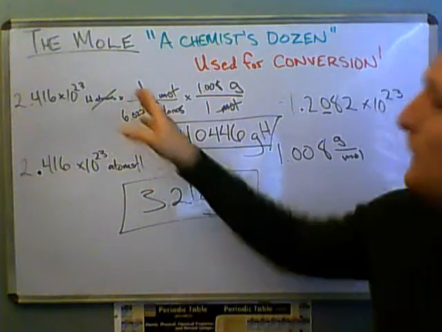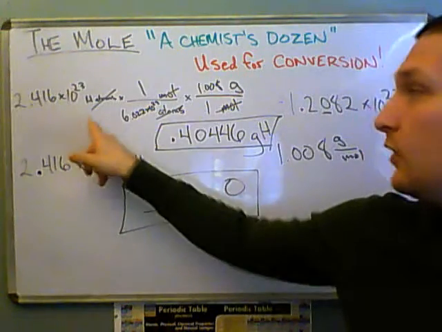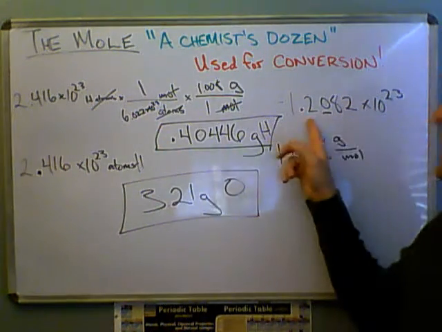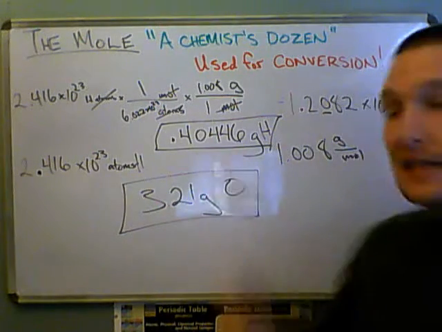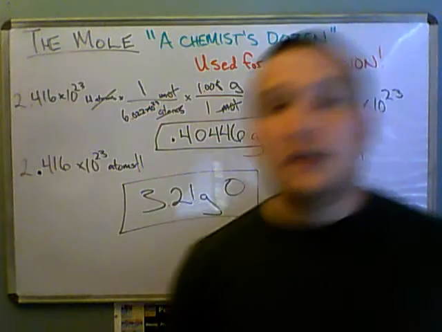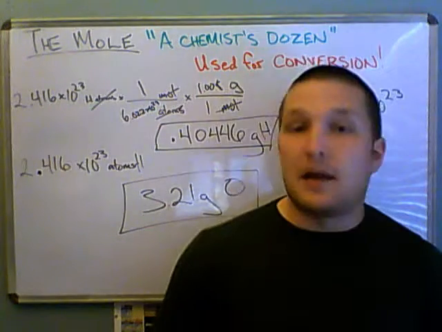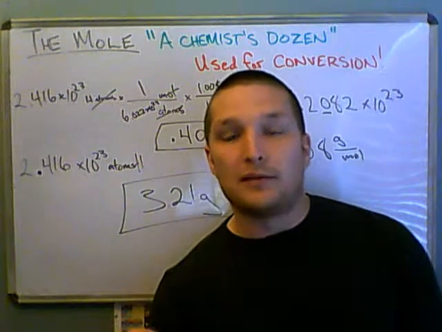So by using the idea of a mole, we were able to find out exactly how many atoms we had, and then using that we find out how many grams we need. Now this is going to come into play a lot when we do stoichiometry. In fact, this is going to be the key point here.